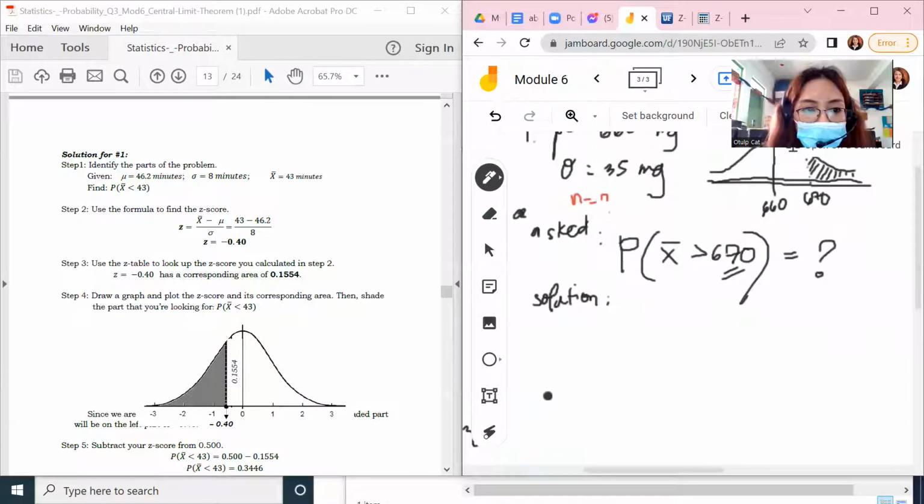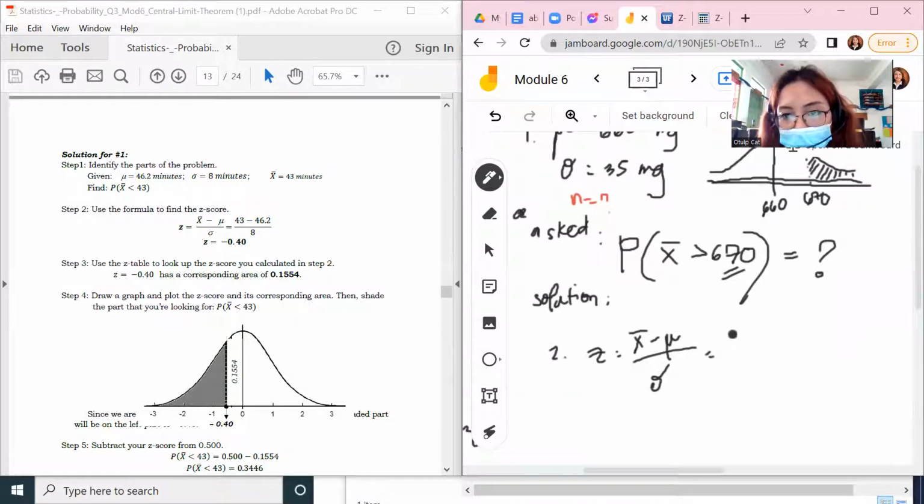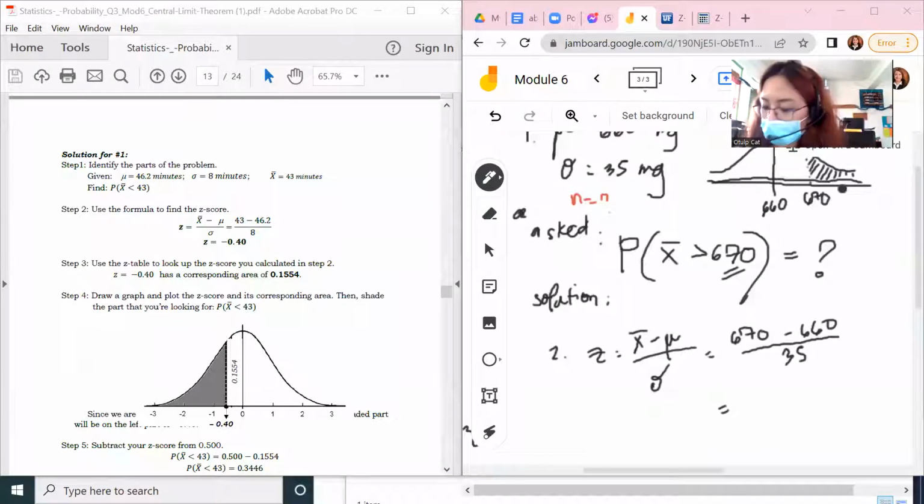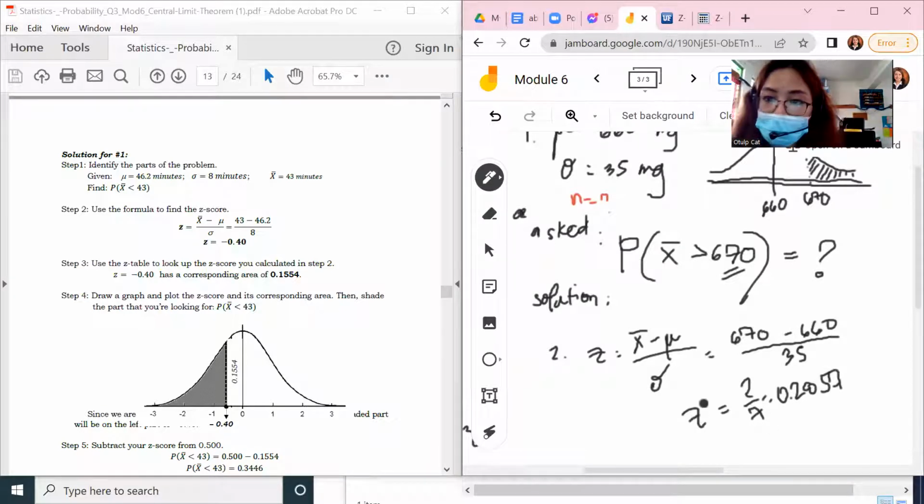Step 2, we use the formula to calculate the z-score: z equals x-bar minus mu over sigma. We substitute 670 minus 660, over 35. The answer is 2 over 7, or 0.2857. That's the z-score.